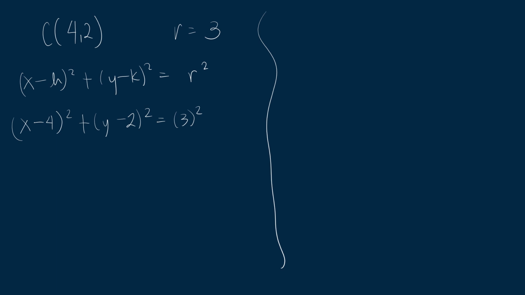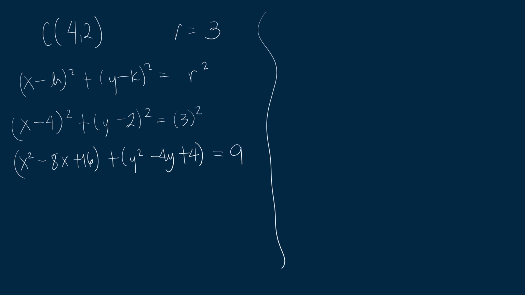Continuing to the next step, expand the binomial using binomial expansion, FOIL method, special product. So it will become x squared minus 8x plus 16 plus y squared minus 4y plus 4 is equal to 9.